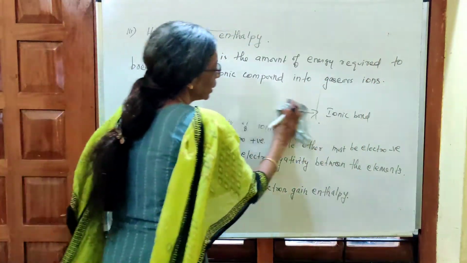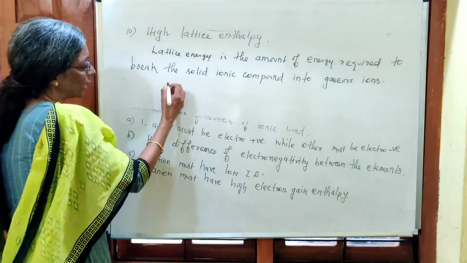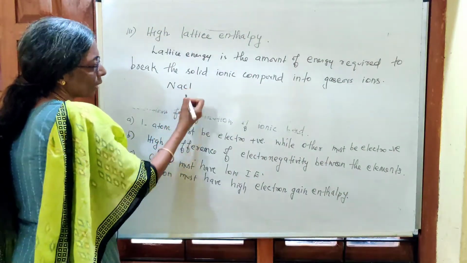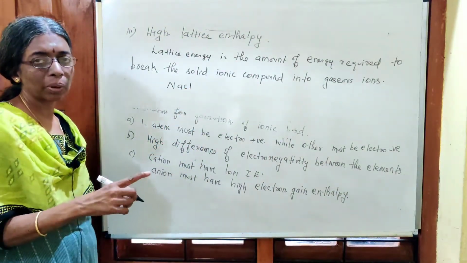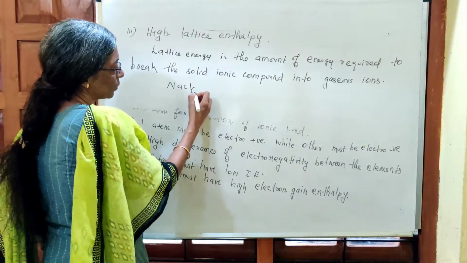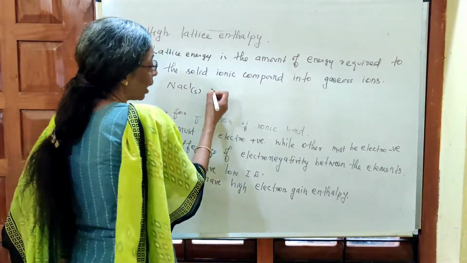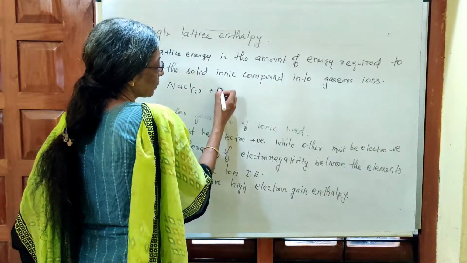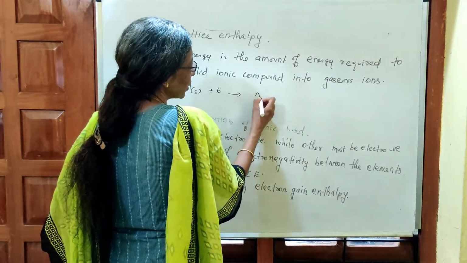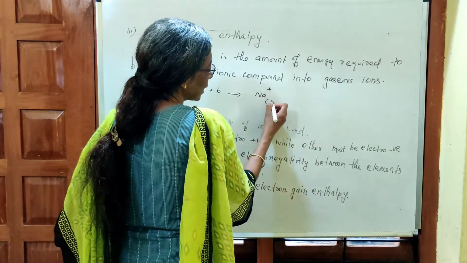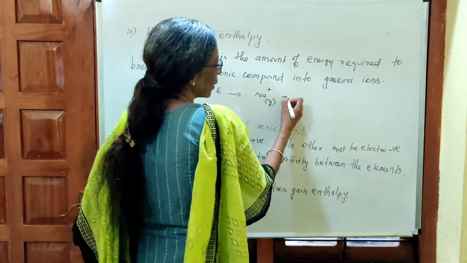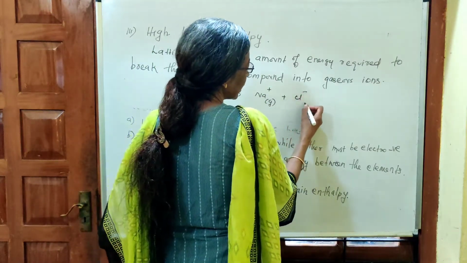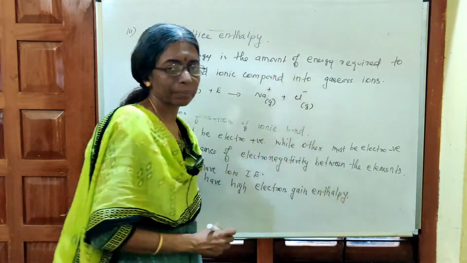I'll write this one. Suppose for example NaCl. This is ionic compound, this is solid. Okay, you are giving energy, you are applying energy here. So it is converted into Na plus gaseous ion plus Cl minus gaseous ions.